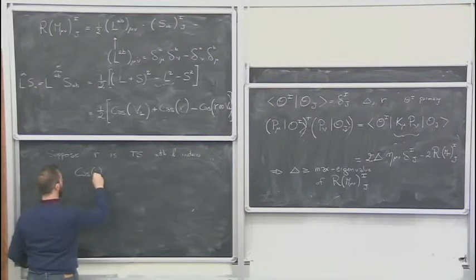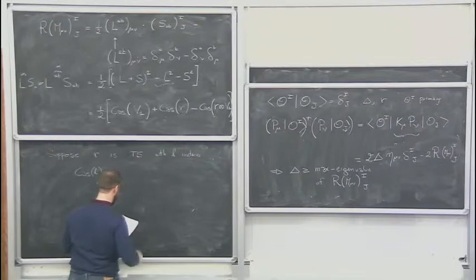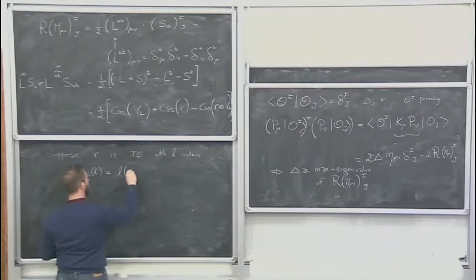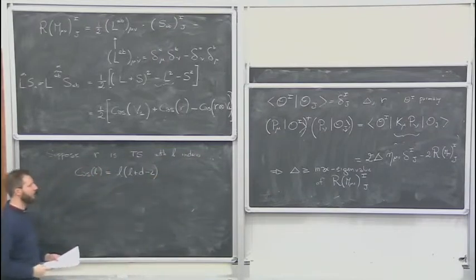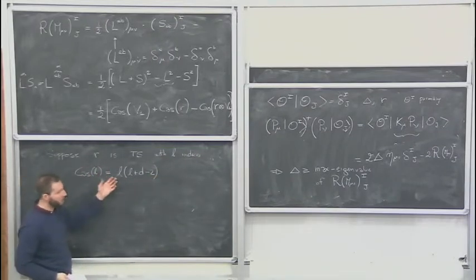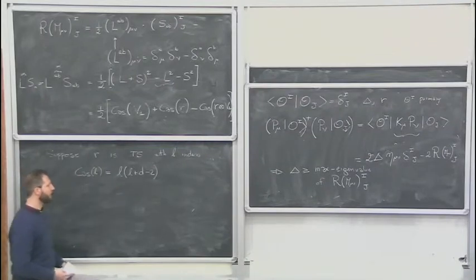So then the Casimir of V_L has a very simple form, which is L times (L plus D minus 2). Okay, it's a constant because it's a Casimir operator, it commutes with everything, so it has to be proportional to a constant.